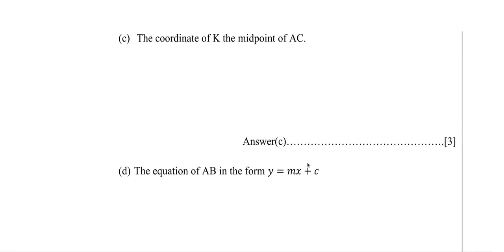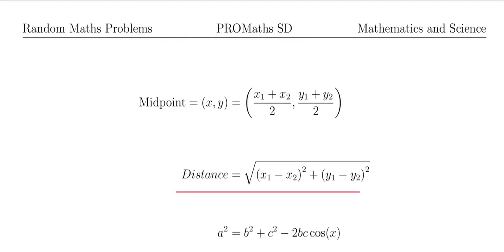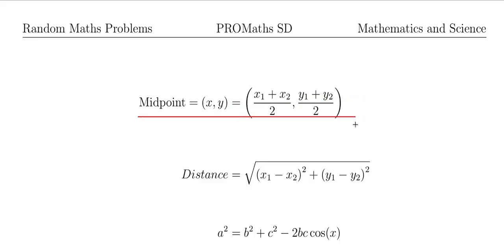Next question, question number C, the coordinates of K, the midpoint of AC. How do you calculate midpoint? You need to know the formula for calculating midpoint, and it's here. That's how you calculate your midpoint. Treat it as if you are calculating the average between 2 points.